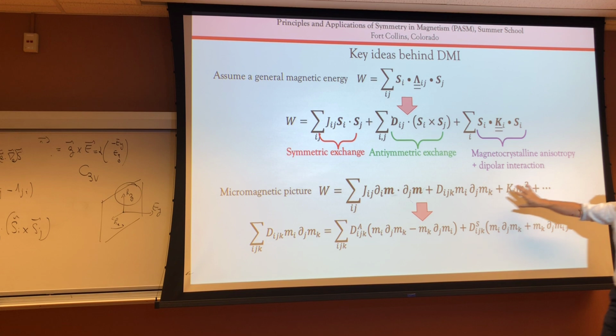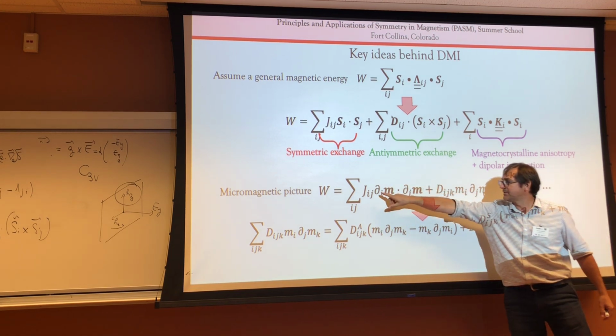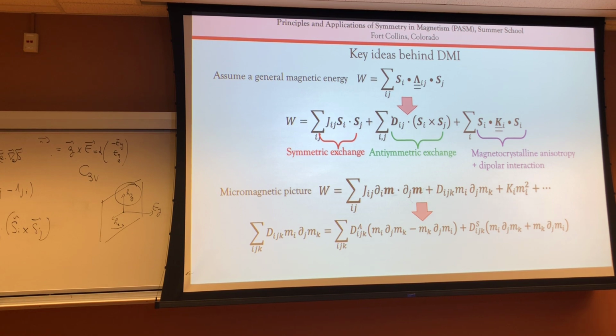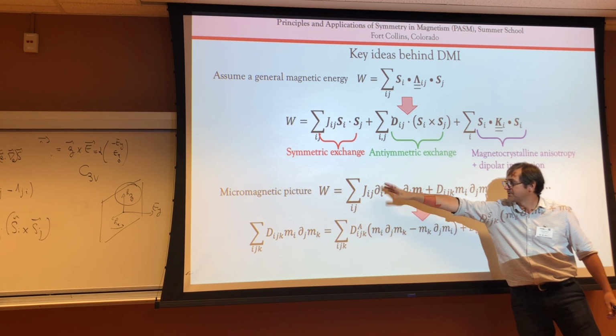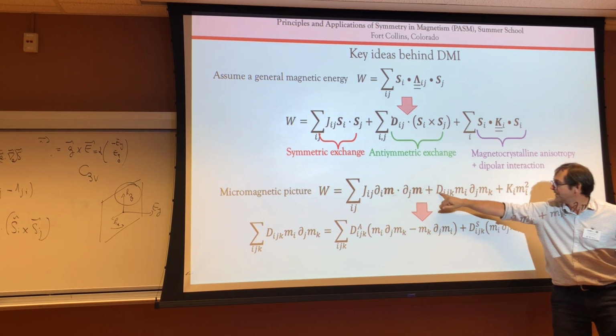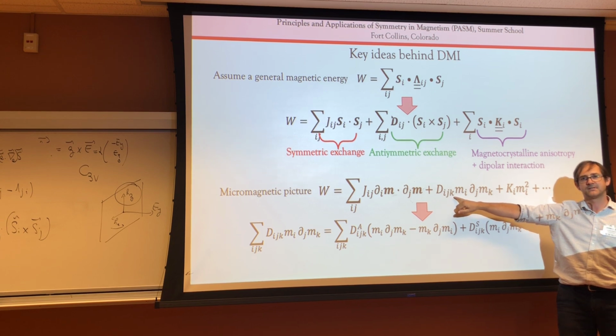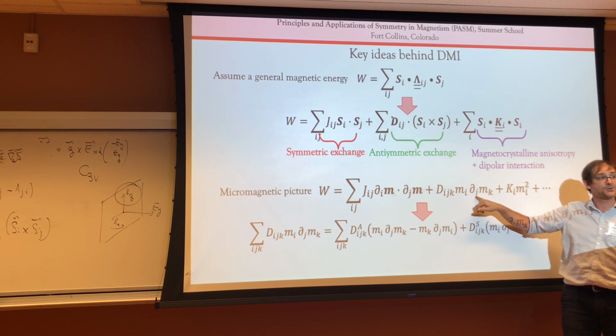So here, when I'm expanding my micromagnetic energy in the gradient of the magnetization field, it's actually pretty similar in spirit to what Oleg showed yesterday. Of course, I have a quadratic term that is usually associated with the exchange, but I have a linear term that is not directly the Dzyaloshinskii-Moriya interaction, because the linear term, again, you can symmetrize it.